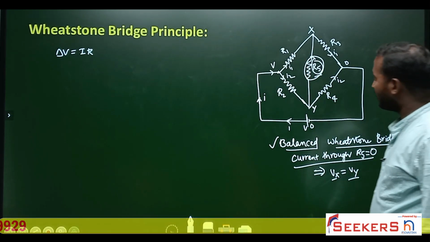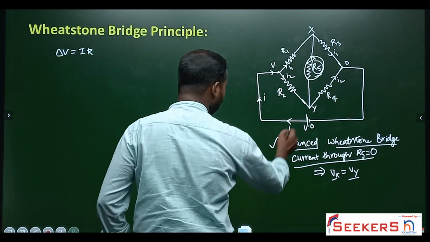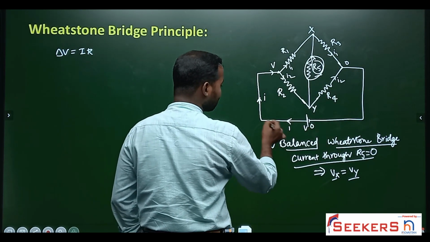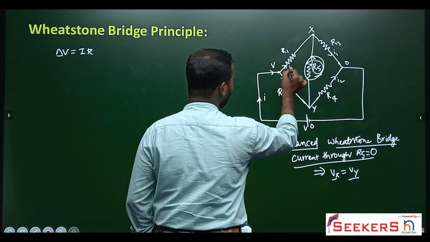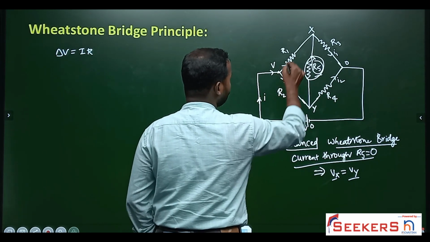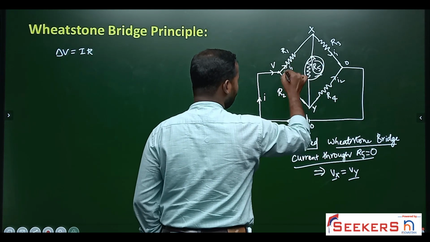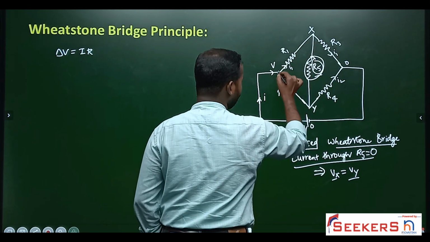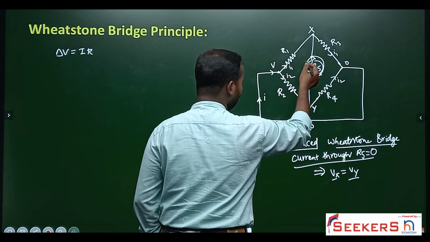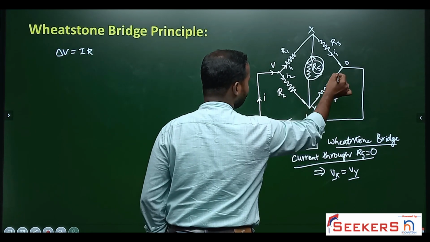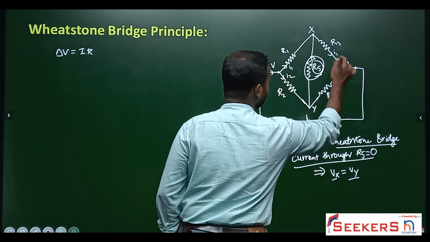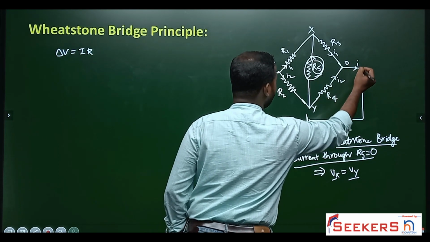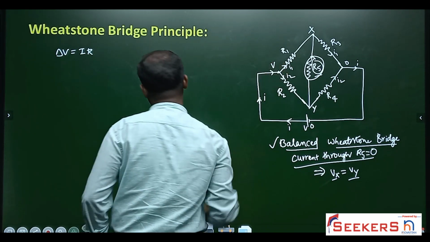Now if I split the current I passing through the circuit, it becomes I1 and I2 at this junction. Since there is no current passing through the middle, all the current goes like this. The current will be I2 here also. Both these currents I1 and I2 give I is equal to I1 plus I2.